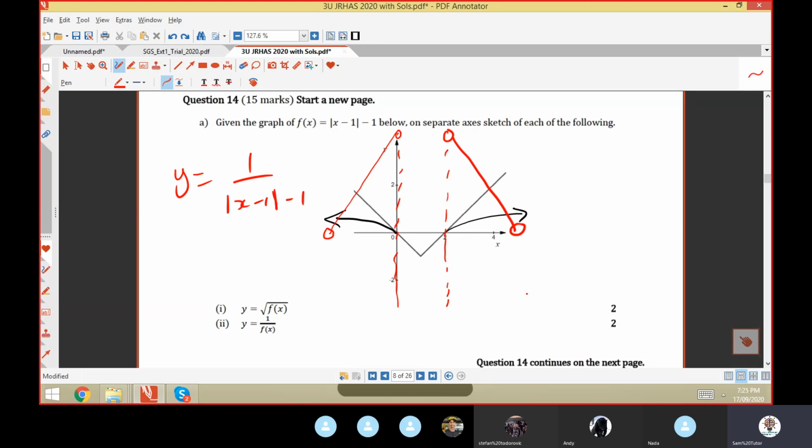So what's the group like? Oh, forgot about that middle part. 1 over, well, this is -1, roughly. So 1 over -1 is still there. 1 over small, again, is large. 1 over small, again, is large. It can't be curved. It's just one over this, isn't it?